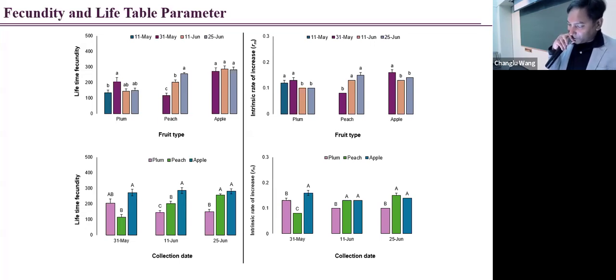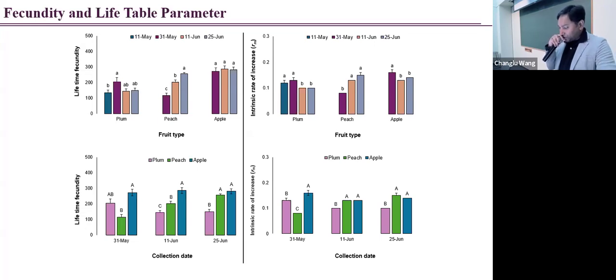And if we compare them within the fruit species, in the lower one, the lifetime fecundity actually is significantly lower on peach compared to plum and apple. That's what we got in our first conversation.